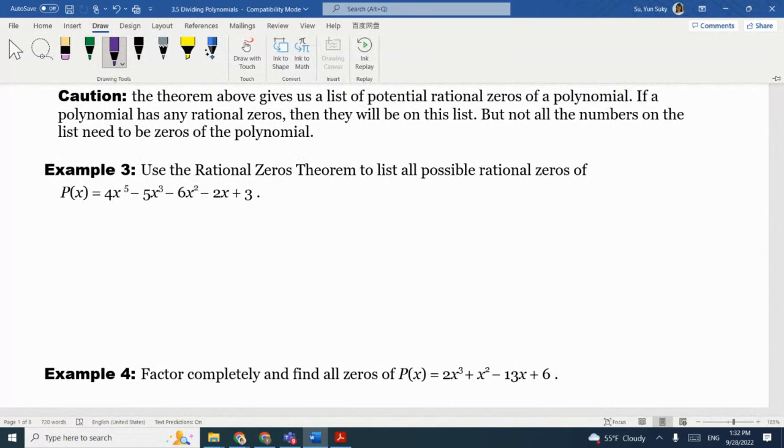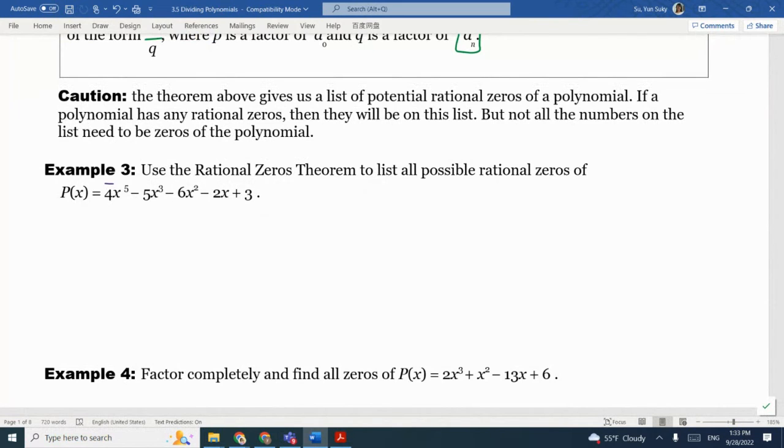All right, let's look at an example. Example 3. Use the rational zero theorem to list all possible rational zeros of the following. Okay, what do we do? First, let's figure out the leading coefficient and the constant term. The leading coefficient is 4, and the constant term is 3. So we first look at factors of the constant term, which is 3.